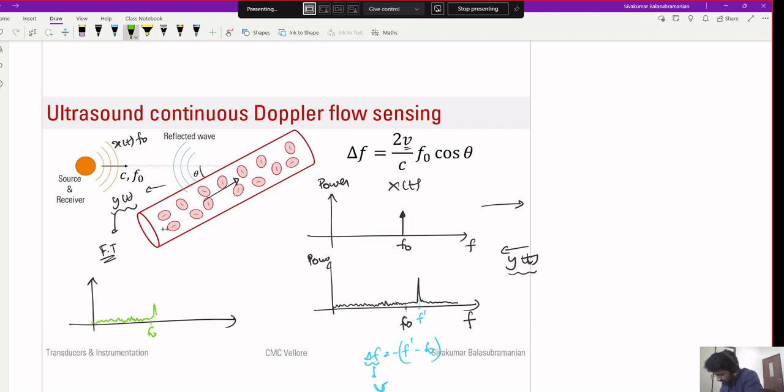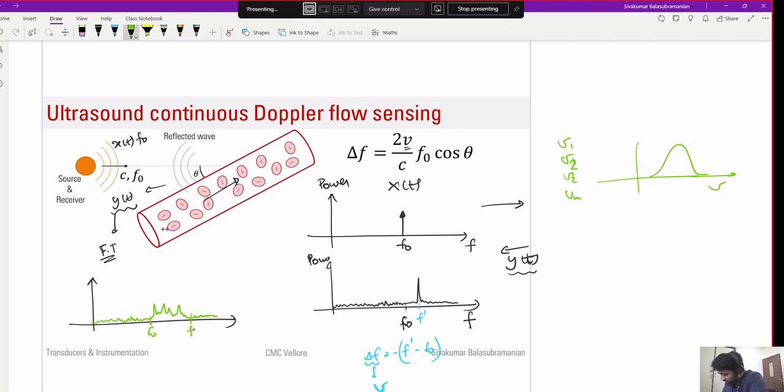So you might see something like this. In fact, RBCs are not just moving at some specific velocities v1, v2 to vn. Let's say there is a spectrum of possible velocities, because there are lots of RBCs. Then we can assume that there is a continuous distribution of velocities. So you might see something like this.